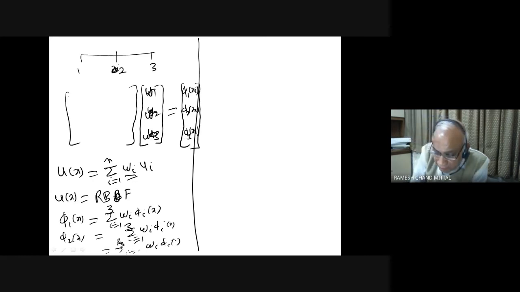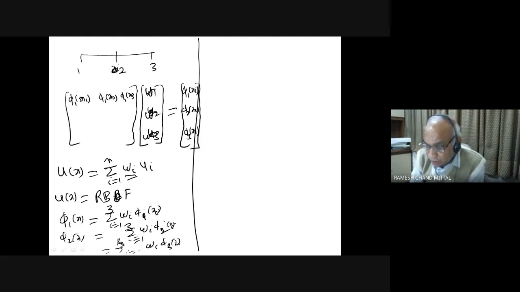This will be phi 1(x1), phi 1(x2), and phi 1(x3). So this is phi 1(x_i), and this is phi 2(x_i), and this is phi 3(x_i). So you have phi 1(x1), phi 1(x2), phi 1(x3) first row.